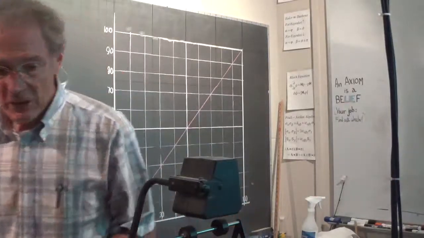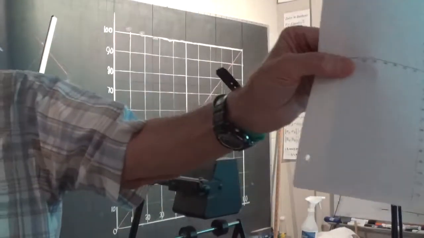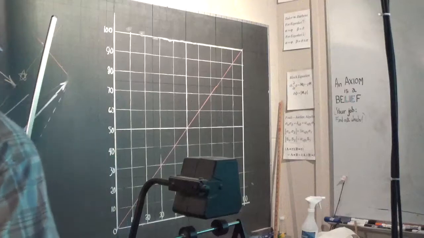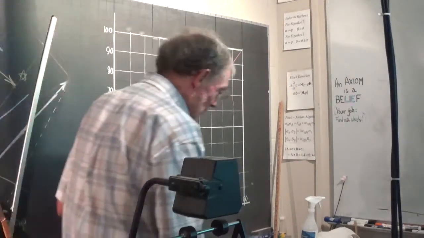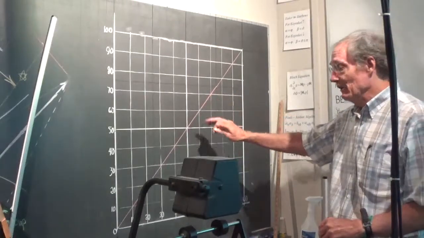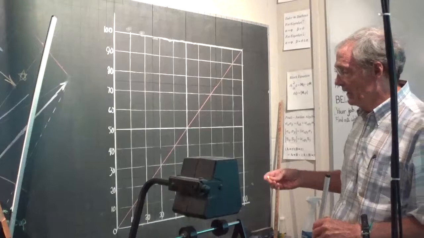I should have one right here. It's the one that looks like this with a 10, 20, 30, 40 and all that. So we could do lots of collisions on this piece here. The part of the graph that you need is this part right here, positive velocities for this particular case.